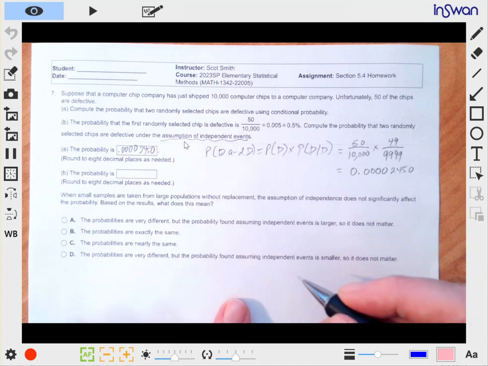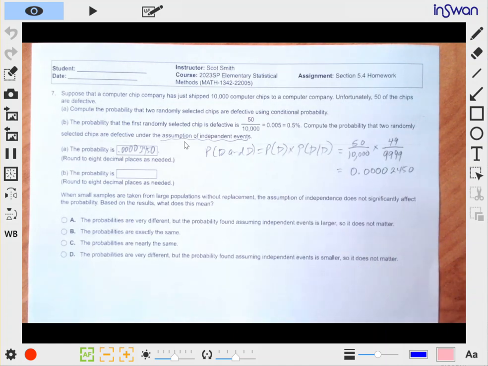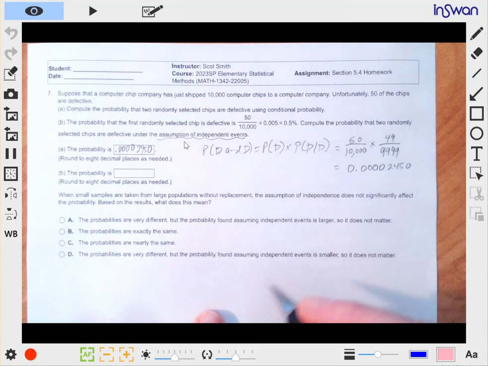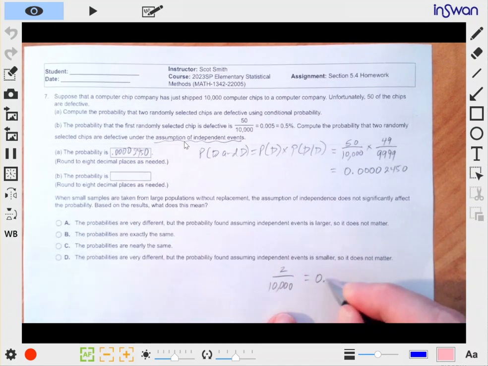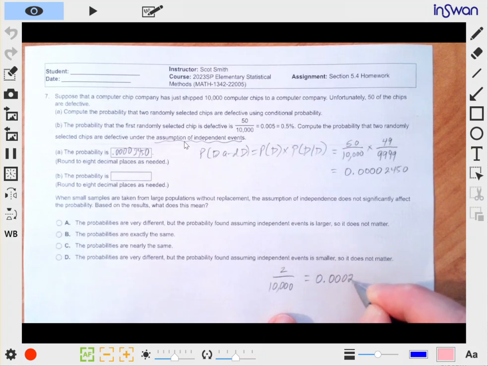if the sample is less than 5%, then it really doesn't change the probability significantly to assume that they're independent events. So in this case, we have 2 out of 10,000 chips, and that's 0.0002, which is 0.02%.